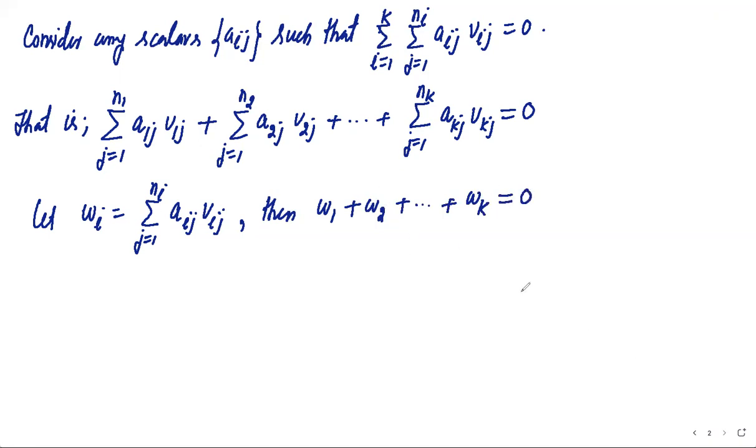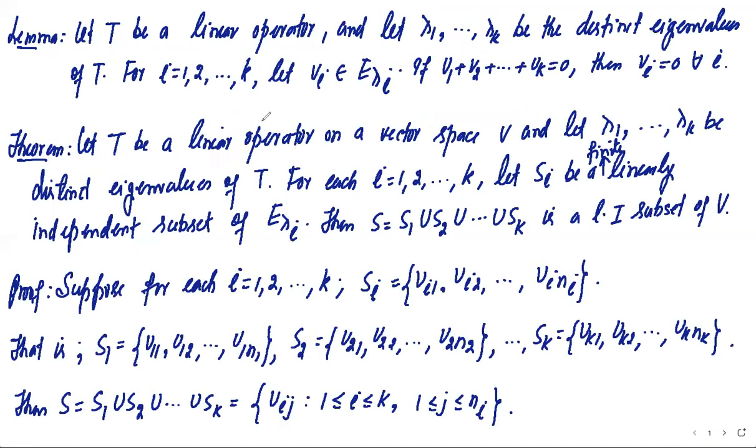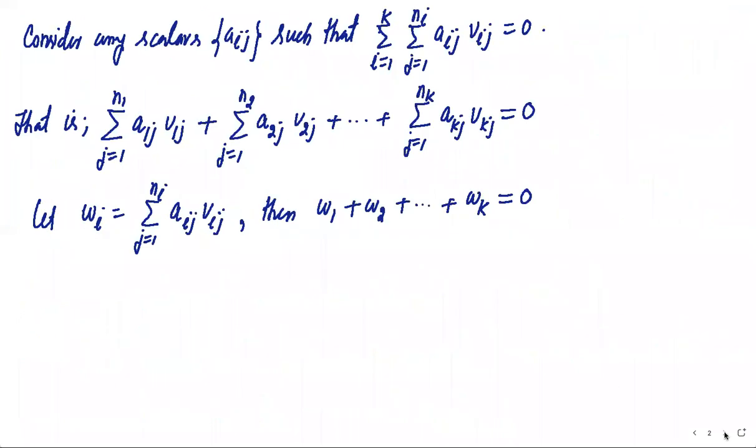Now here we can use the previous lemma. Now this lemma states that if vi's are the eigenvectors from the different eigenspaces, then their sum being equal to 0 means that every vi is equal to 0. Now if we have a look at this w1, let's see what this w1 is.